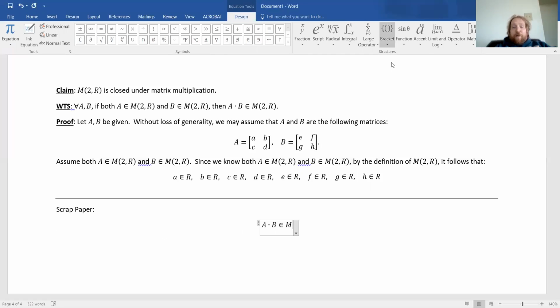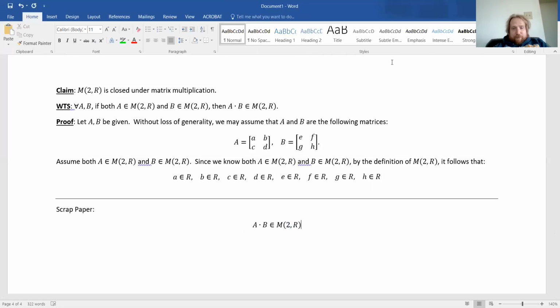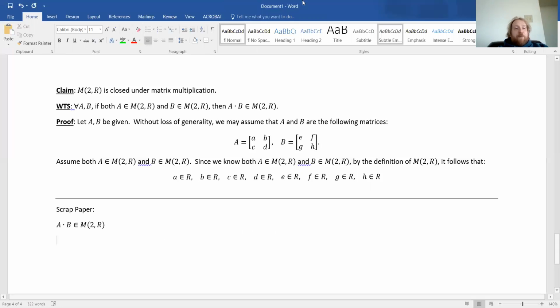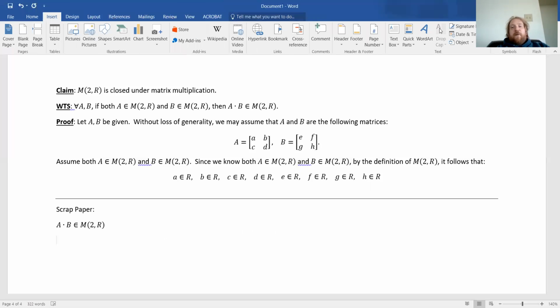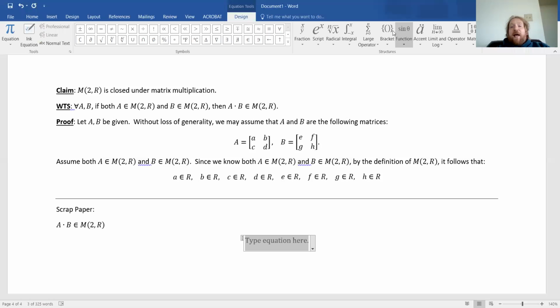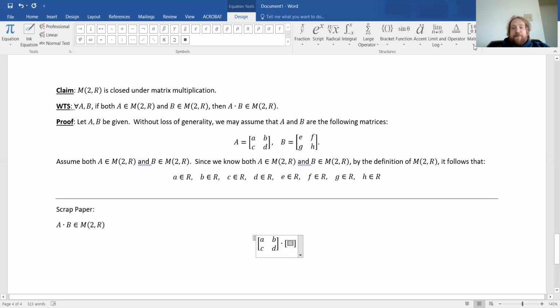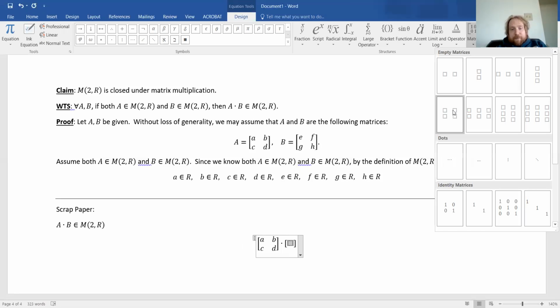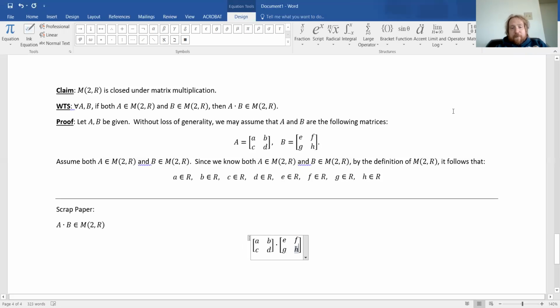Remember, M2R is the set of matrices. R is the set of numbers. So to show that A times B is a member of M2R, I need to show that the matrix A, B, C, D times the matrix E, F, G, H is a member of M2R.